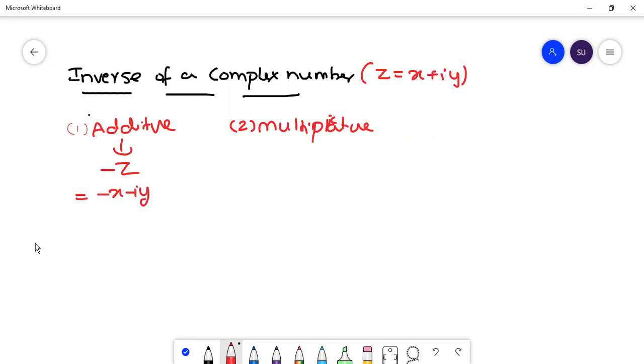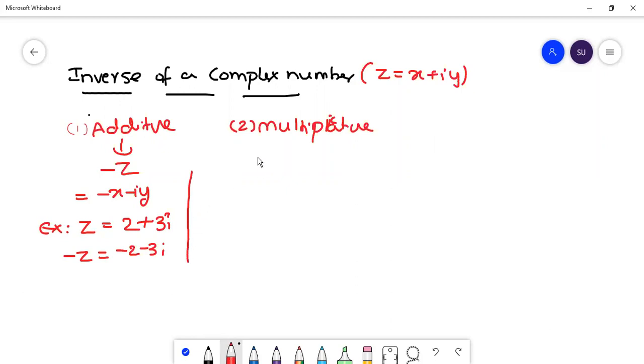Example, if given z is equal to 2 plus 3i, then additive inverse is minus z, that is equal to minus 2 minus 3i, just simply multiplying the given complex number with negative sign. That you will get additive inverse of a complex number.